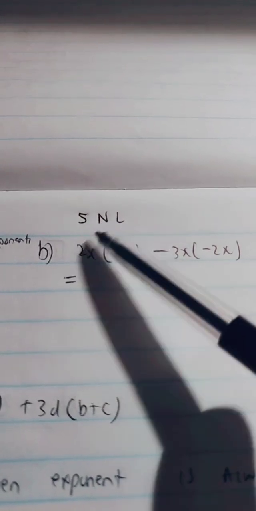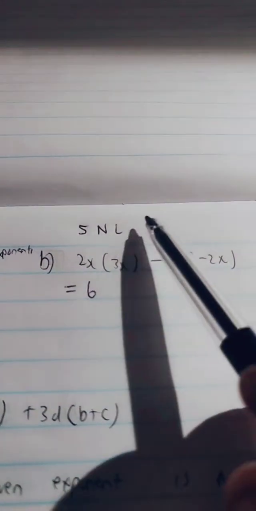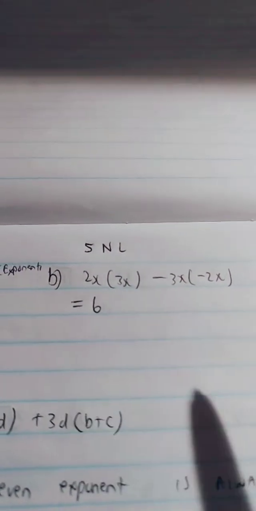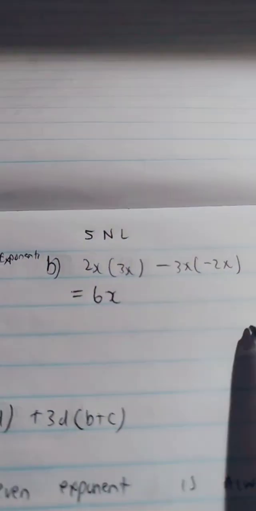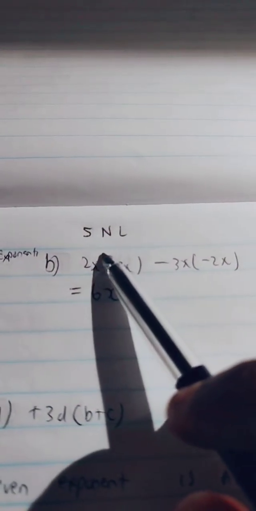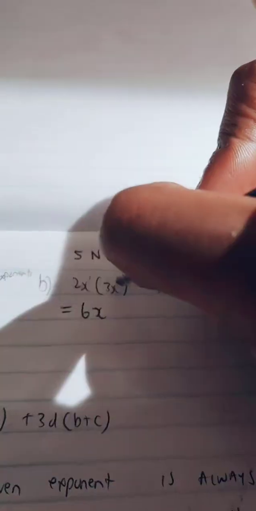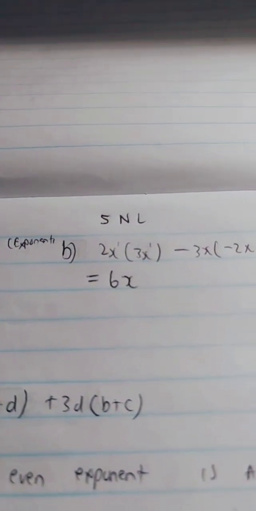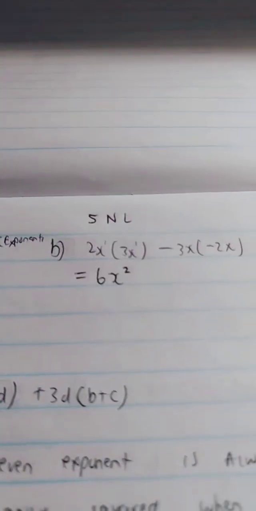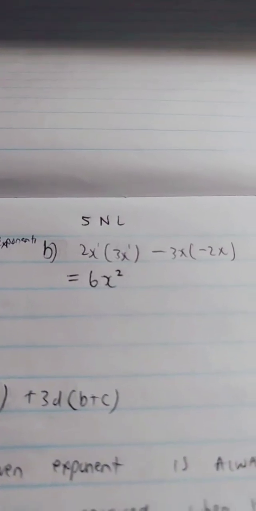Number: 2 times 3 is 6. Letter: x times x. We keep the base for x when multiplying. There's an invisible exponent of 1 and 1, and we know what the song says: 1 plus 1 gives the exponent 2.